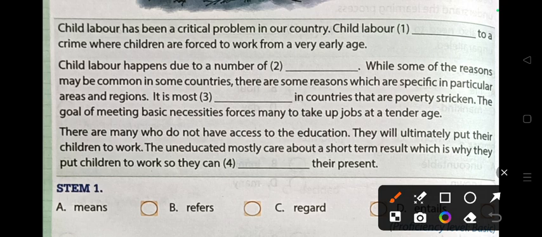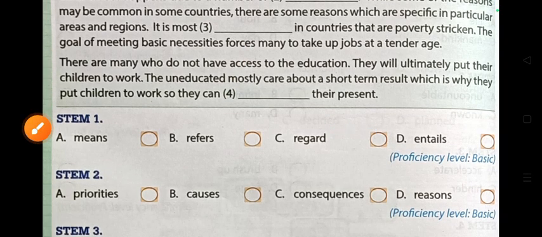The goal of meeting basic necessities forces many to take up jobs at a tender age. There are many who do not have access to education. They will ultimately put their children to work. The uneducated mostly care about a short term result, which is why they put children to work so they can survive their present.